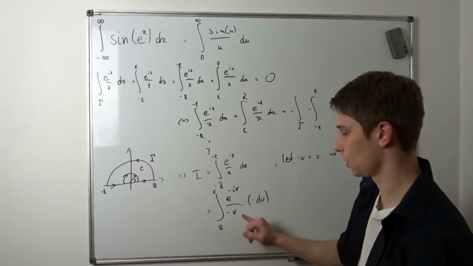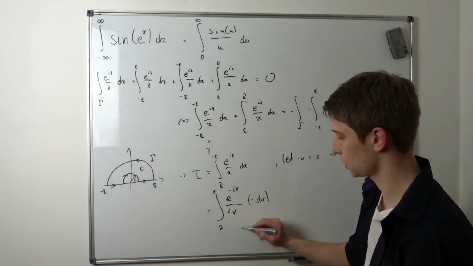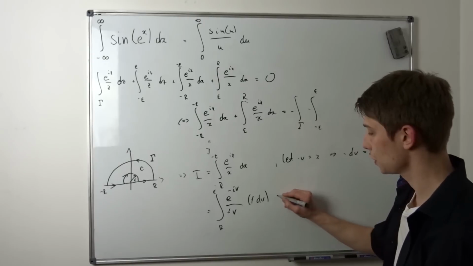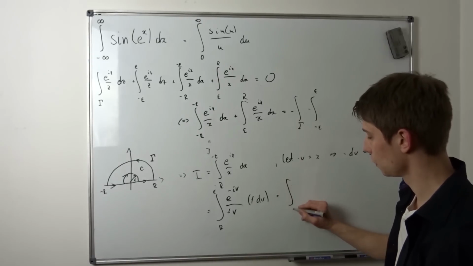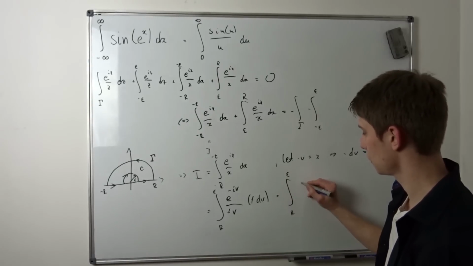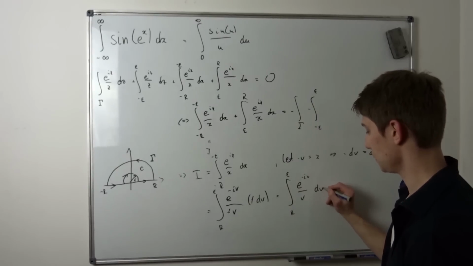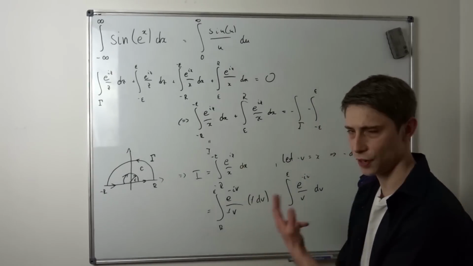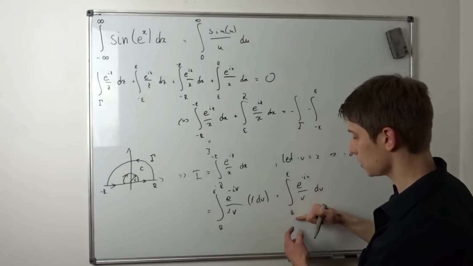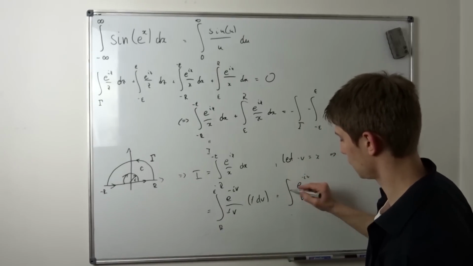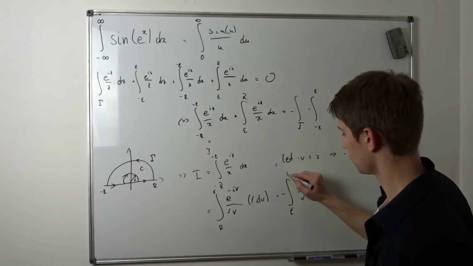So we can now cancel out those minus signs right here, this would become a positive sign. And what we end up with is just the integral from r to epsilon of e to the minus iv over v dv. And now we can factor out a minus 1 so that we can switch around those upper and lower bounds right here. So let's factor out a minus 1. So it goes from epsilon to r.